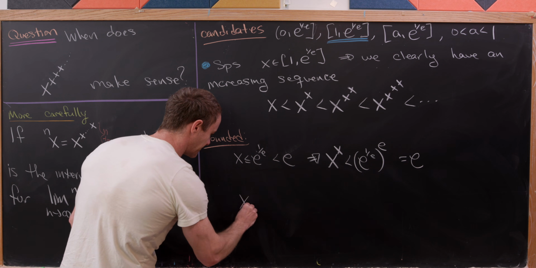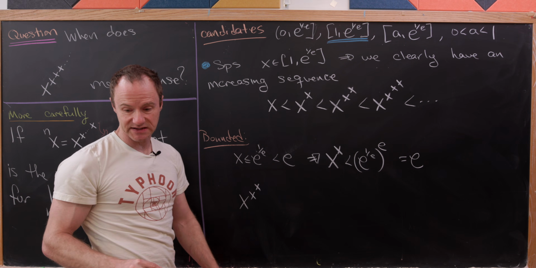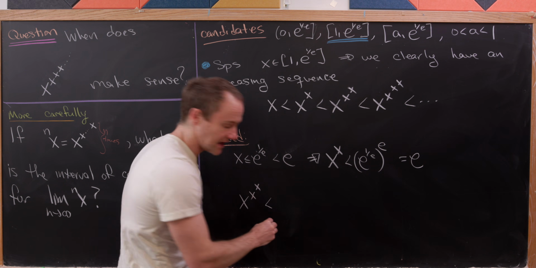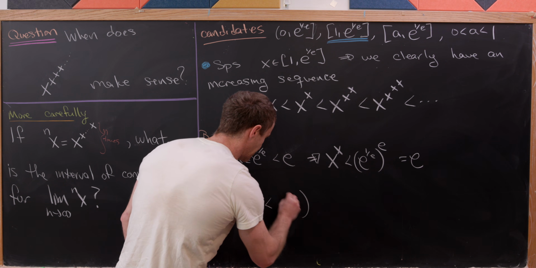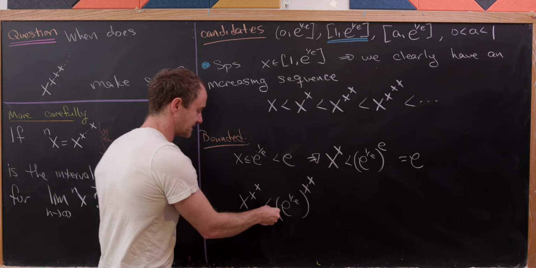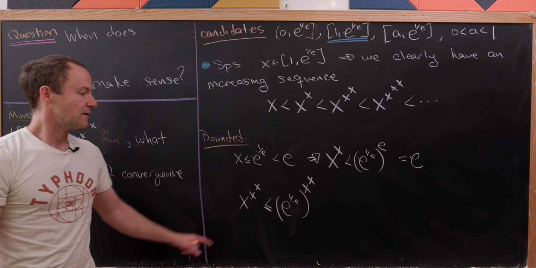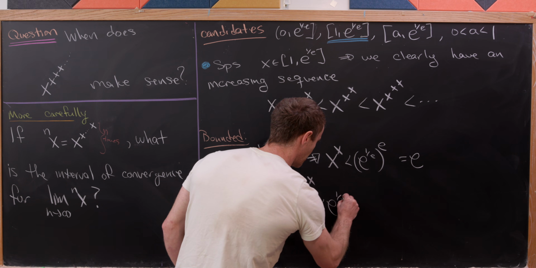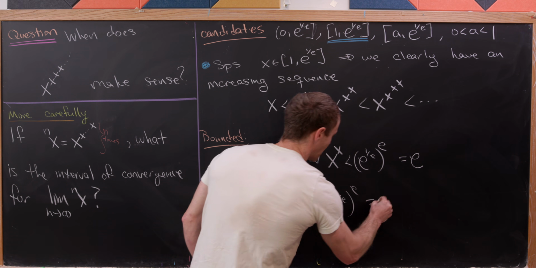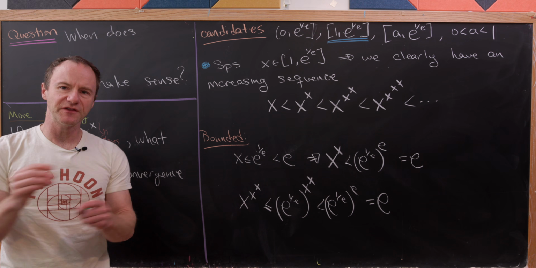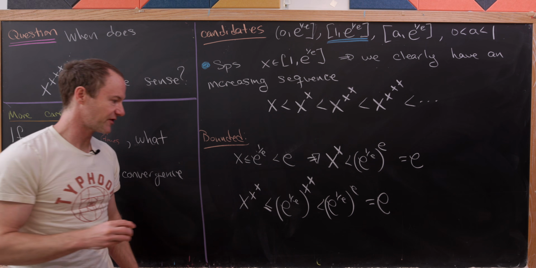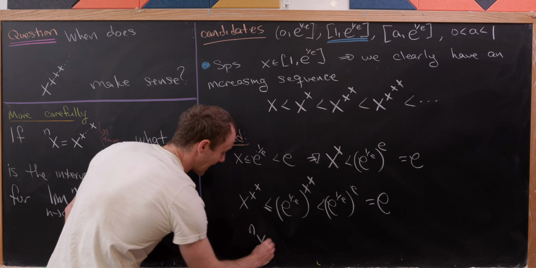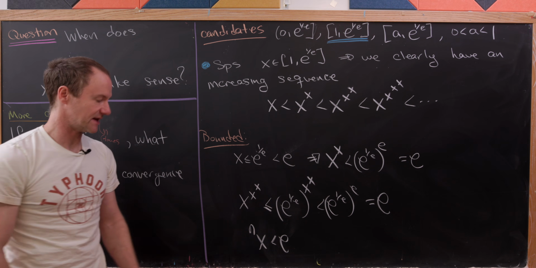But now let's observe that x to the x to the x is going to be less than or equal to e to the 1 over e to the x to the x. But then x to the x is less than e. So this whole thing is less than e to the 1 over e to the e, but all of that is equal to e. And now I think you see an inductive path to show that the nth tetration of x is always going to be less than e.